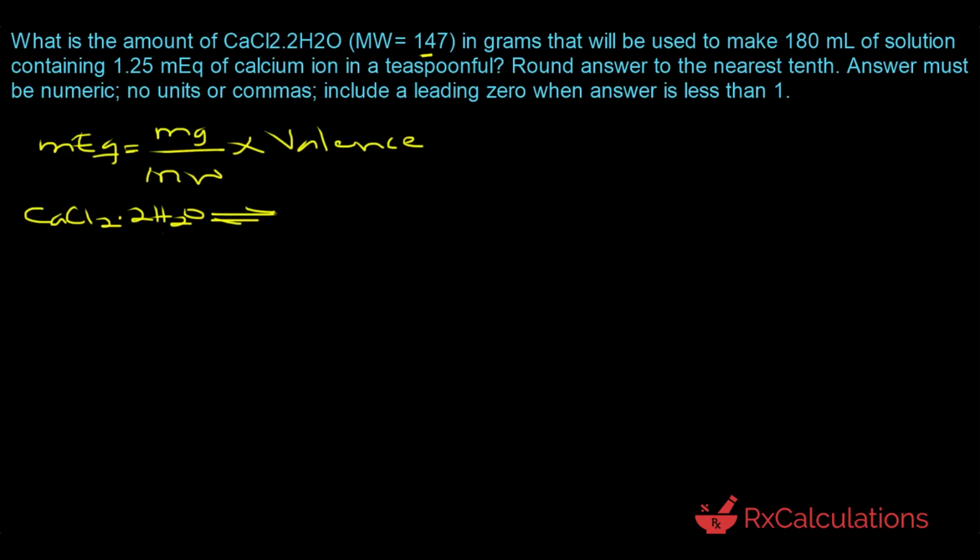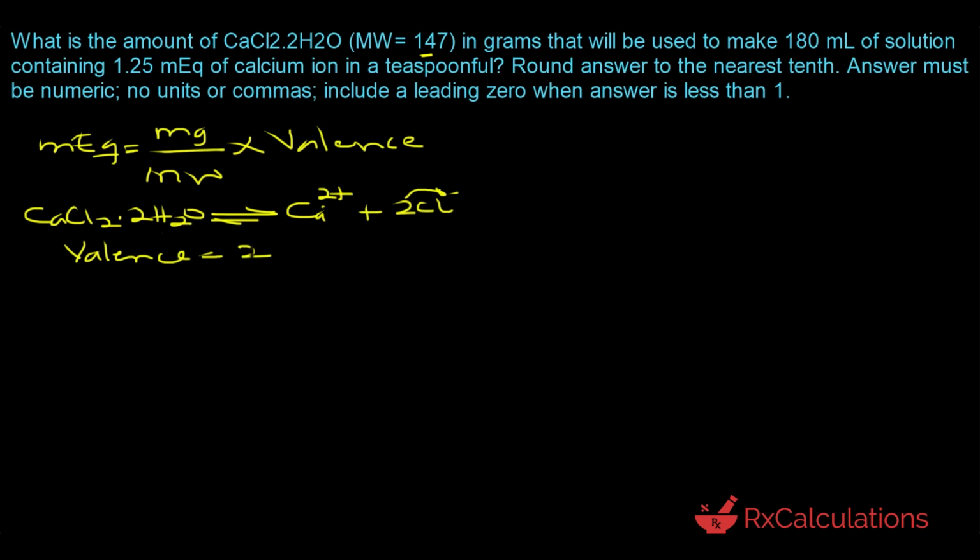But the calcium chloride dissociates into the calcium cation, and that has a charge of +2. Then you have the 2 chloride anions, which balance it out. So your valence is going to be either the absolute charge on the cation, which would be 2, or the absolute of the charge on the anion. So you do 2 times -1, and you find the absolute of -2, which is 2. So either way, your valence for the compound is 2.